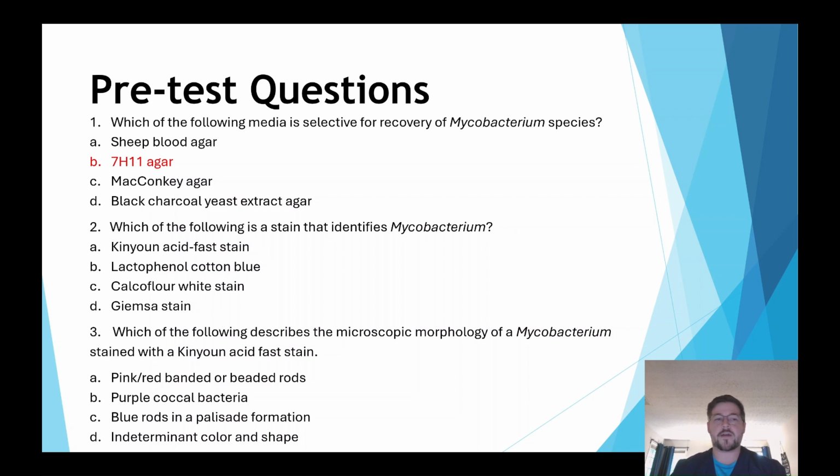The answer is A, the Kinyoun acid-fast stain. And question 3, which of the following describes the microscopic morphology of a Mycobacterium stained with a Kinyoun acid-fast stain? The answer is also A, pink or red banded or beaded rods.